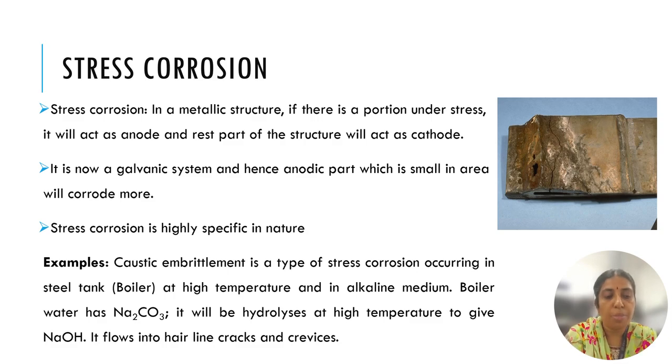From there it tends to initiate corrosion, because the boiler steel tank has iron in it, and the sodium hydroxide attacks the iron and initiates corrosion in the boiler. So a very good example of stress corrosion occurs in industrial boilers, known as the mechanism of caustic embrittlement.